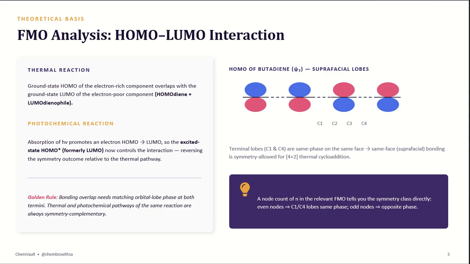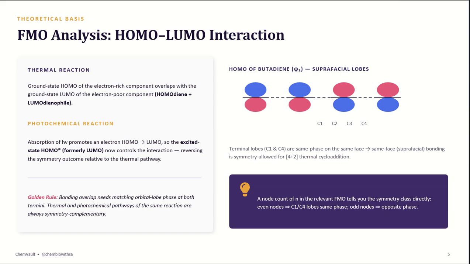So now, FMO analysis, HOMO-LUMO interaction. Let's see FMO theory in action. In a thermal reaction, the ground state HOMO of the electron rich component, say the diene, overlaps with the ground state LUMO of the electron poor component, the dienophile.